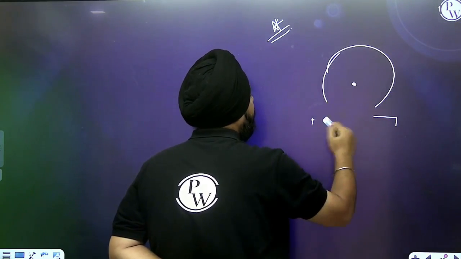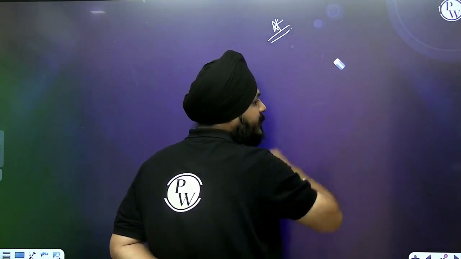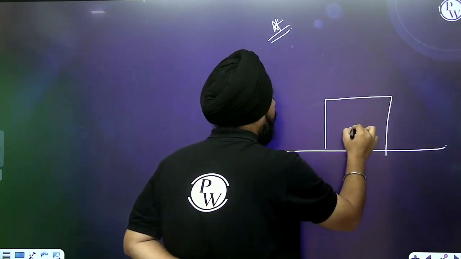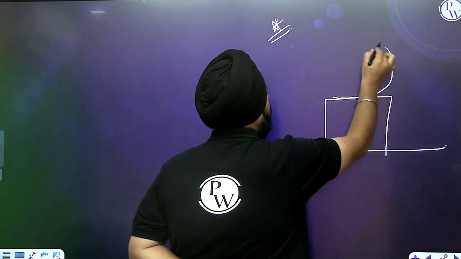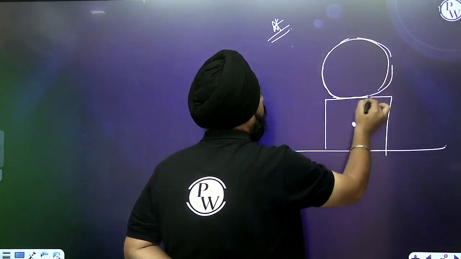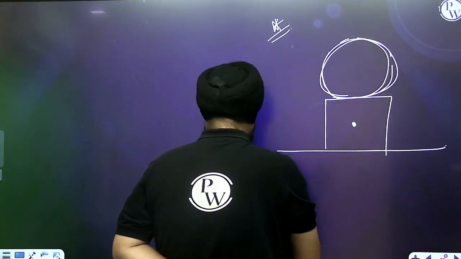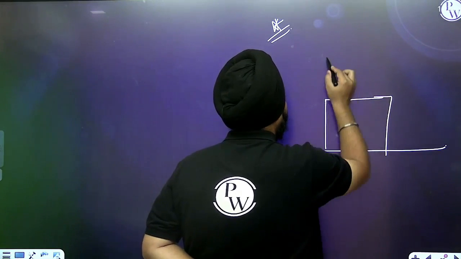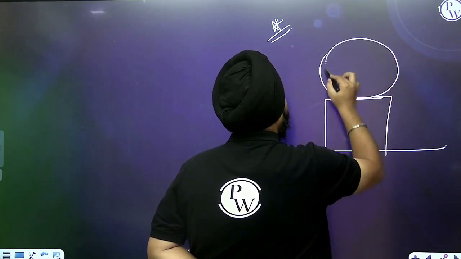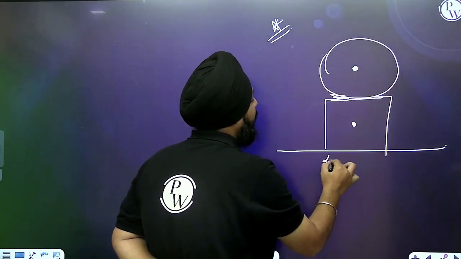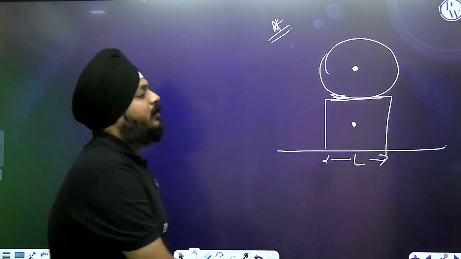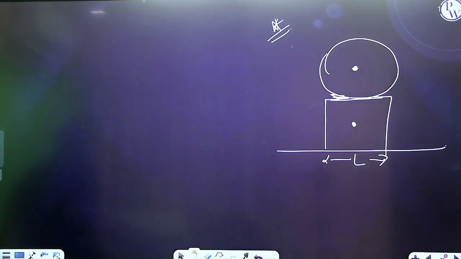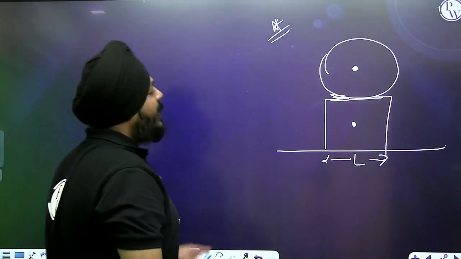Square and disc. The length of the square is L. Masses are not given.